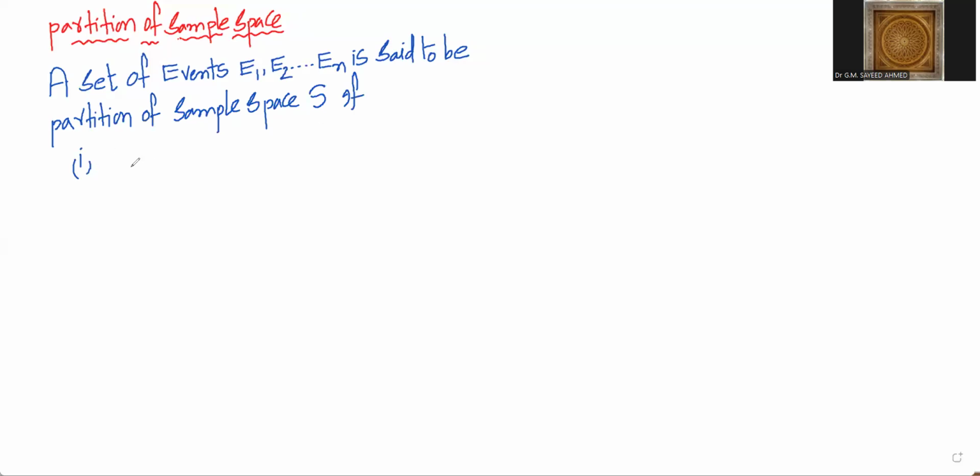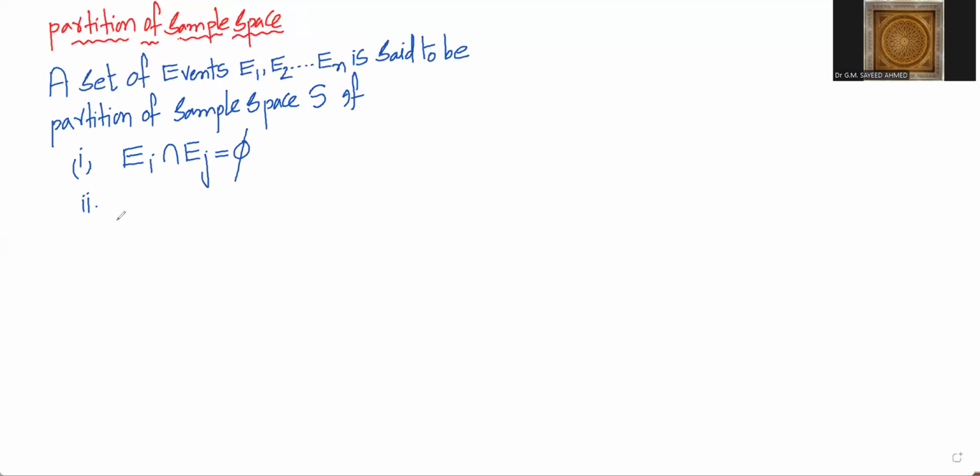Condition number one is Ei intersection Ej is equal to the empty set. There is no common element between these sets, that is the meaning.